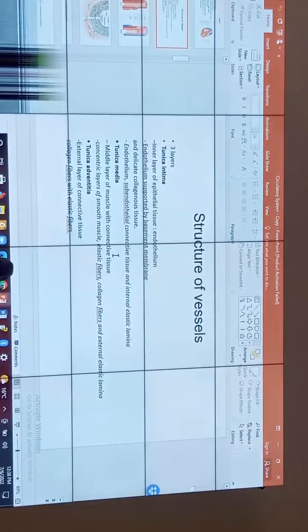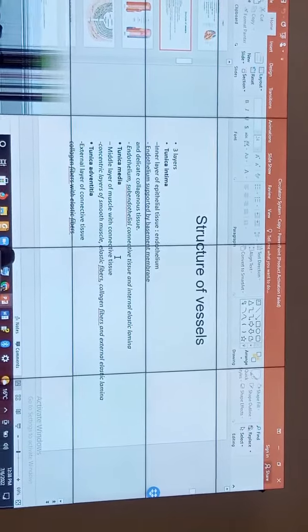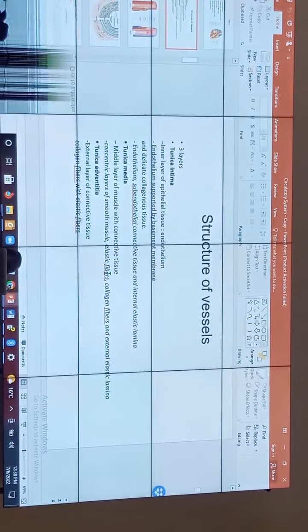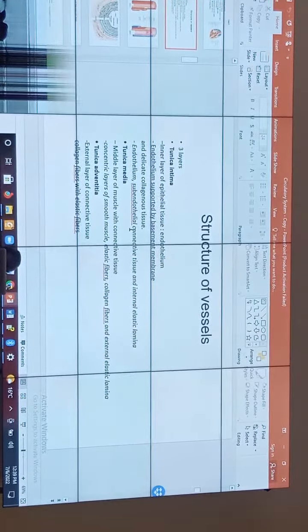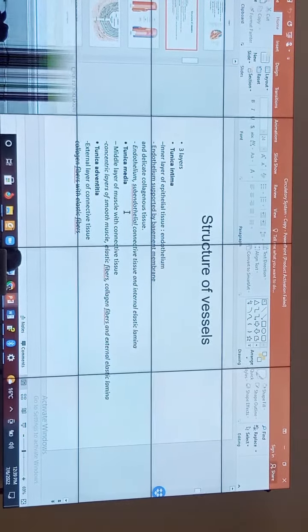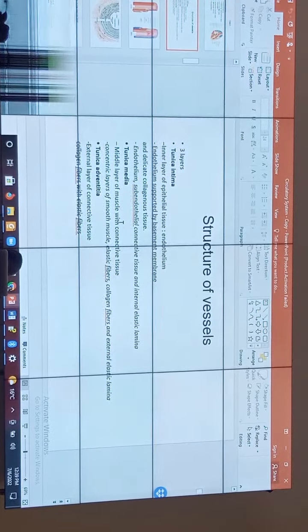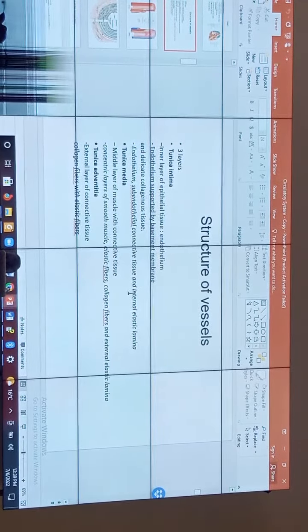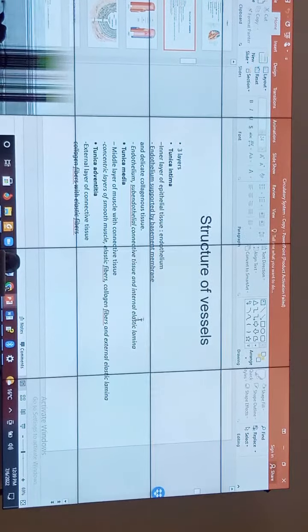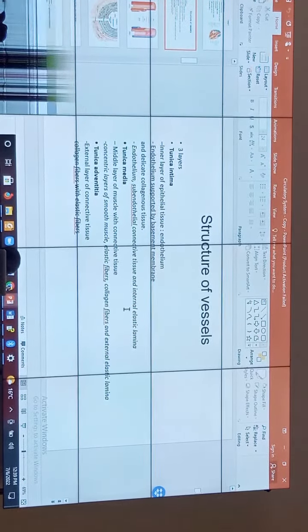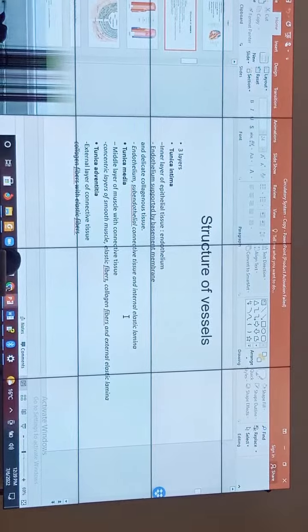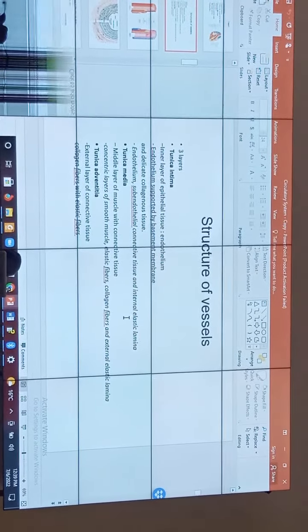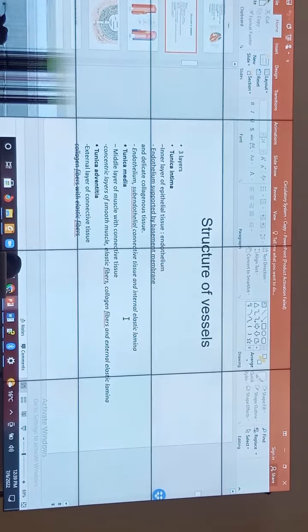Elastic fibers, isn't it? Yes. So in the tunica intima, you have the endothelium surrounded by the subendothelium. In some vessels, the subendothelium will be surrounded by the internal elastic lamina. Lamina means layer. Is that clear?